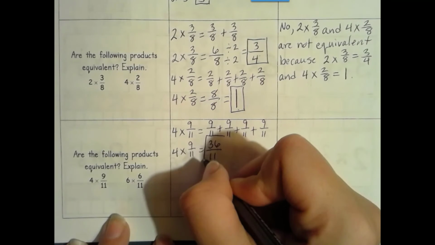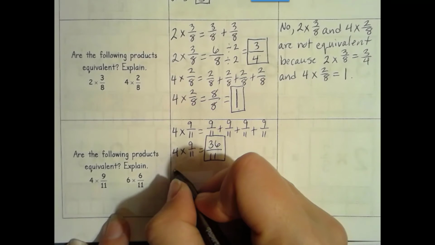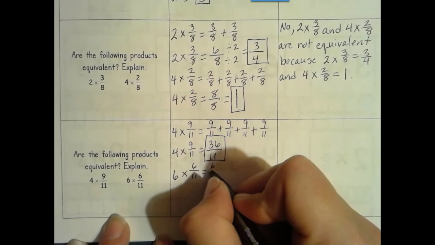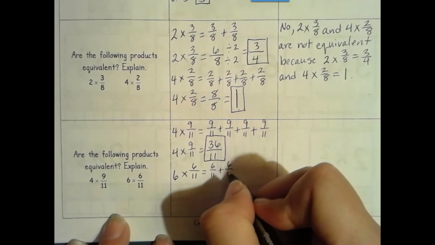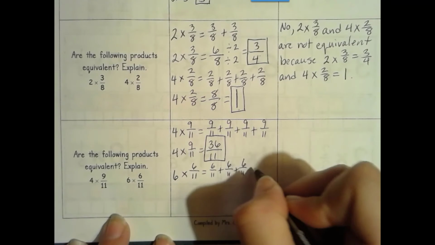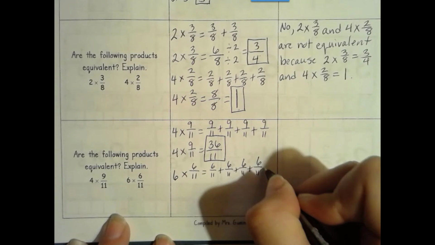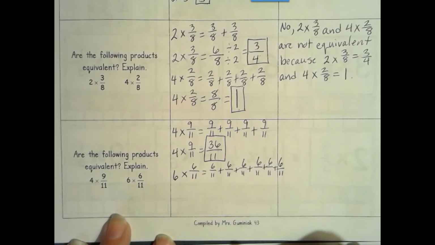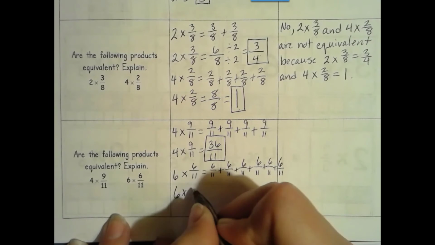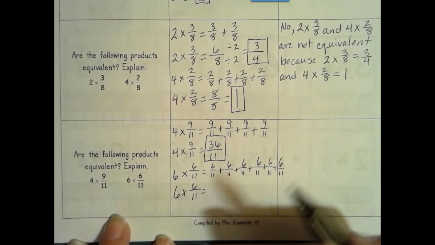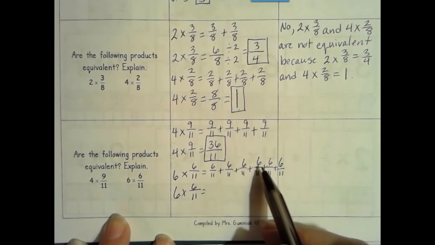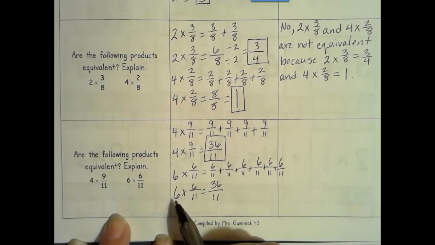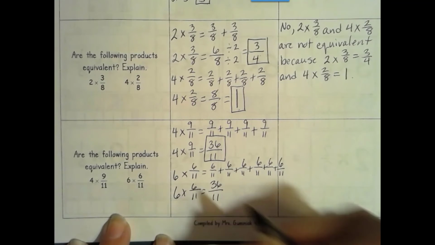Okay. So 6 groups of 6/11. We have 1, 2, 3, 4, 5, 6. We're joining together those 6 equal groups. 6, 12, 18, 24, 30, 36. 6 times 6 is 36.